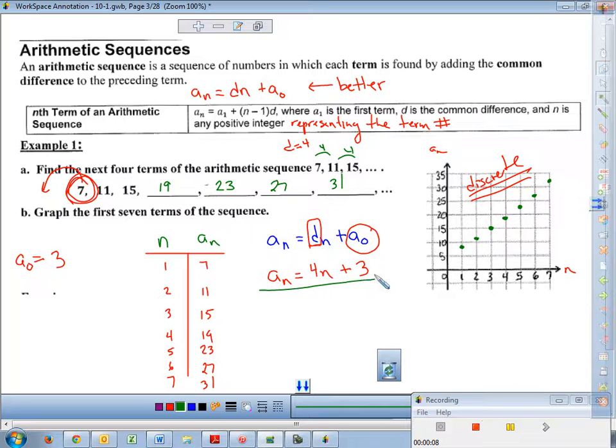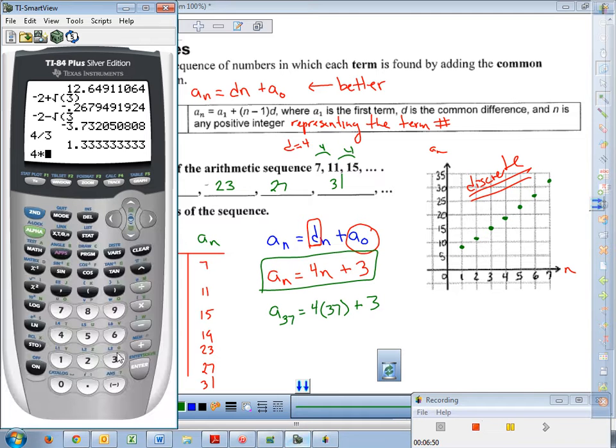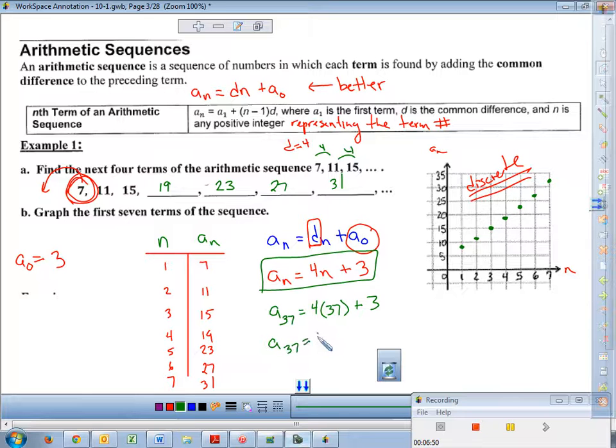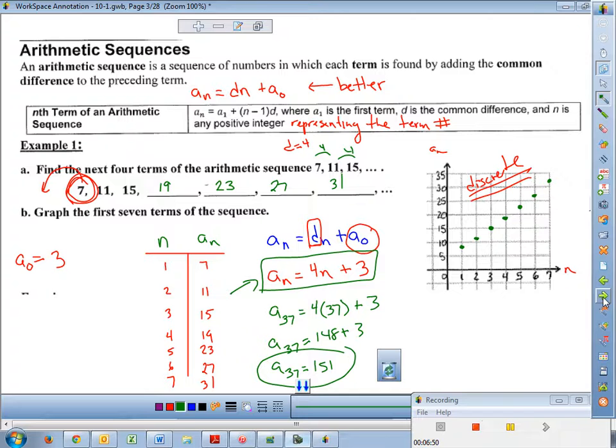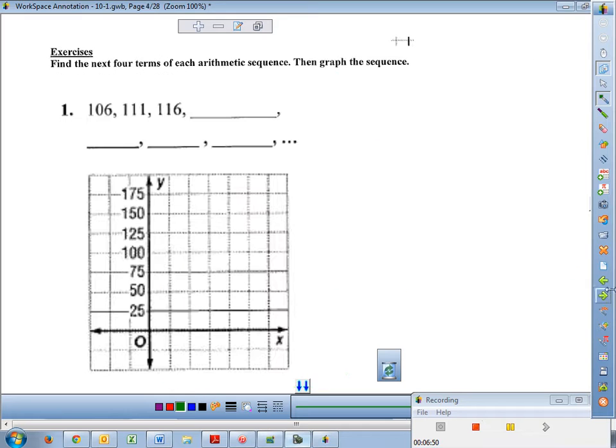So this is the explicit formula, meaning if I wanted to find the 37th term in the sequence, I would say a sub 37 equals 4 times 37 plus 3, and 4 times 37 is 148. So the 37th term is 148 plus 3. The 37th term is 151. Instead of having to figure that out, I have an explicit formula for this bad boy, which they're not asking you to do today, but we will do soon. Might as well do it right now.